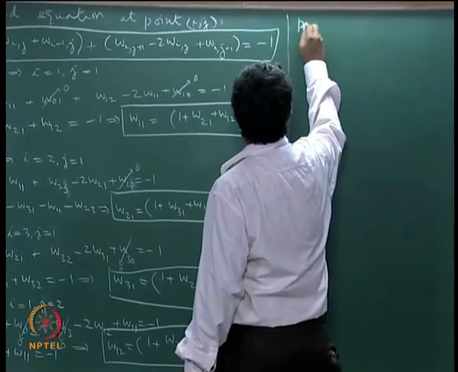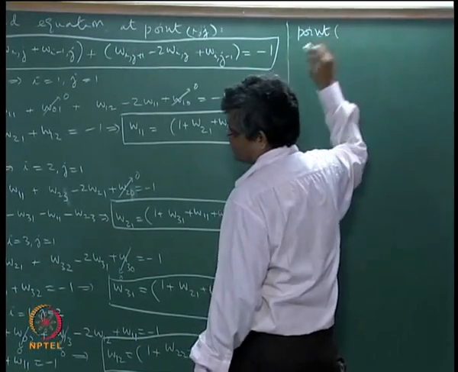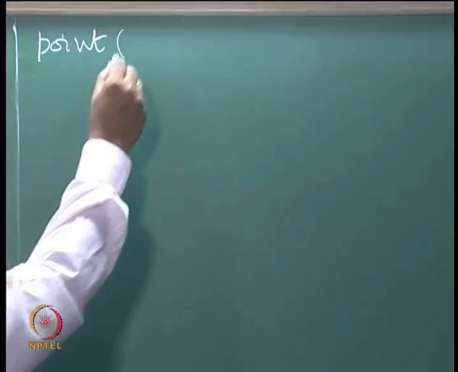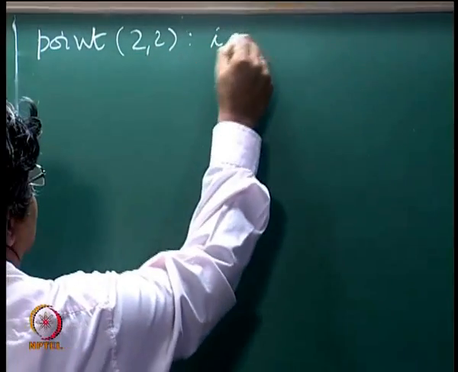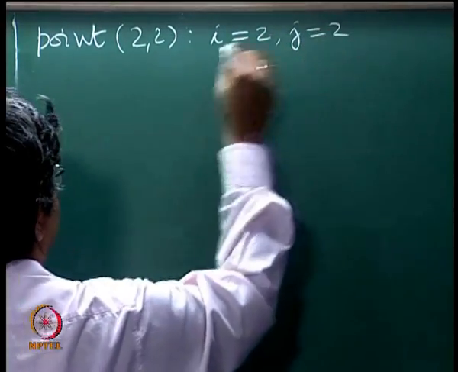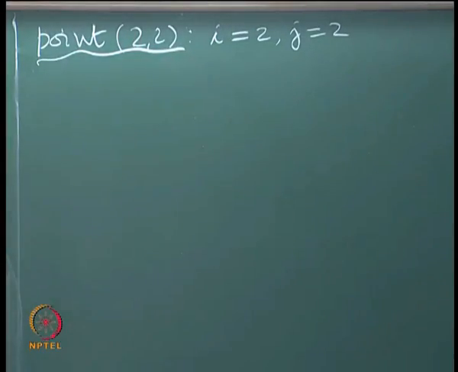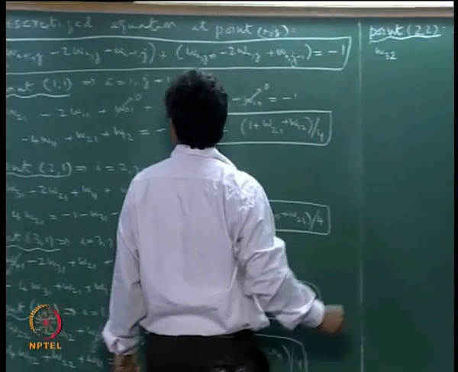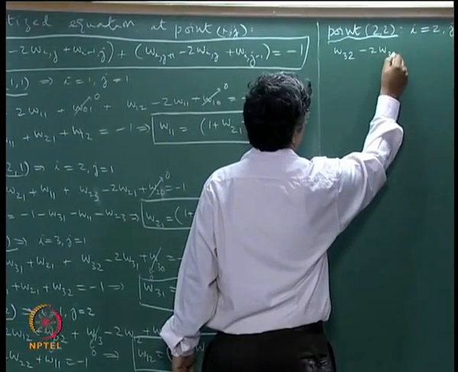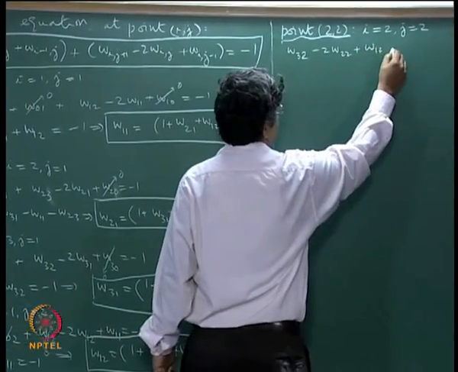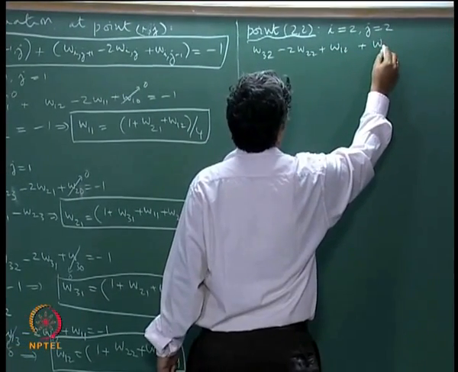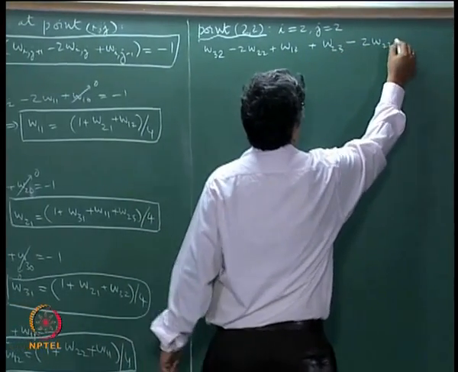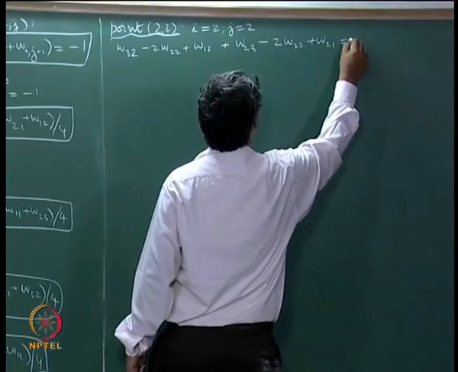Let's continue the hard way. So this is 2 2, i is equal to 2 and j is equal to 2. Substitution of this expression into this: W32 minus 2W22 plus W12 plus W23 minus 2W22 plus W21 is equal to minus 1.